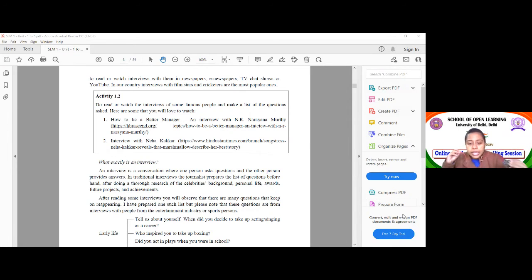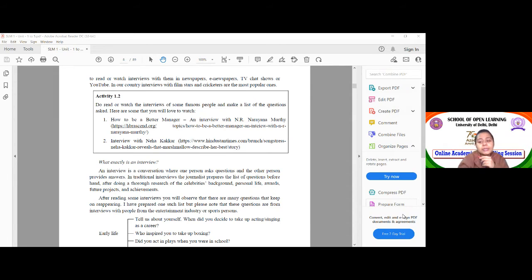So that will just waste time, and the journalist will have an interview that's not worth it to viewers or readers, and it will also waste the actor's time. So in that case, it is important that the journalist does his or her research and then conducts the interview so that it is a proper good interview.